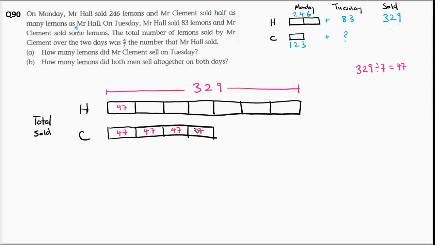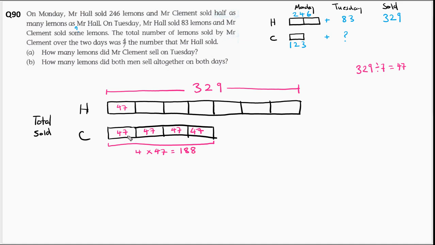And remember, we didn't know how many lemons Mr. Clement had sold, but now we can work that out. This is all the lemons that he sold, which is 4 times 47. And 4 times 47 is 188.